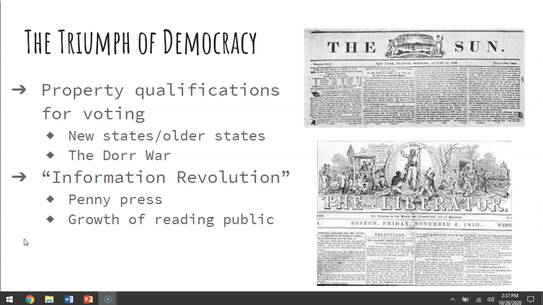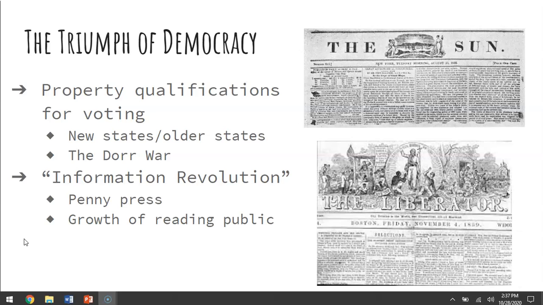The market revolution and political democracy produced a pretty large expansion of the public sphere, and there was also an explosion in printing that sometimes is called the information revolution. This really came about because the steam power that was central to the market revolution was applied to newspaper printing, and that created an increase in output and the rise of mass circulation newspapers called the penny press, which were only 1 cent per issue instead of the traditional 6 cents.